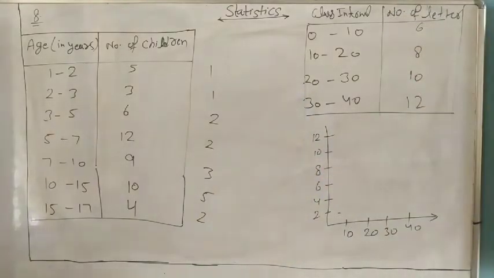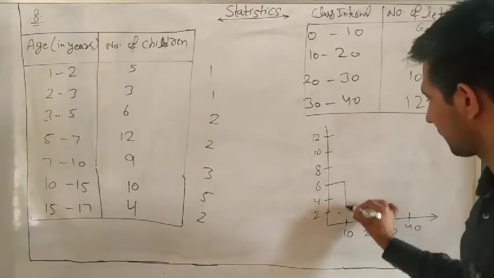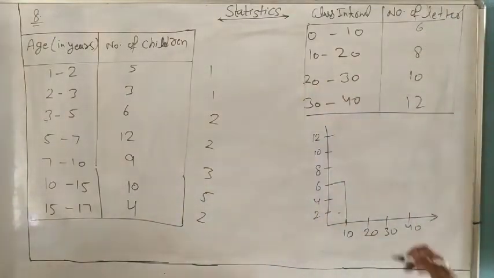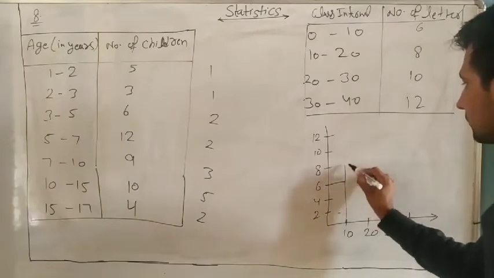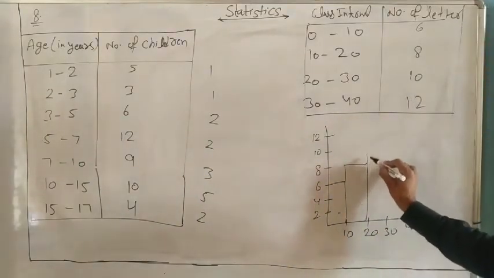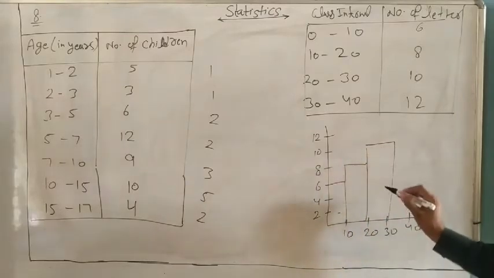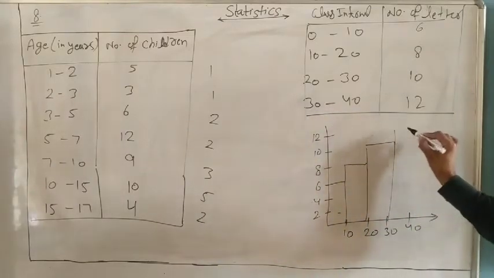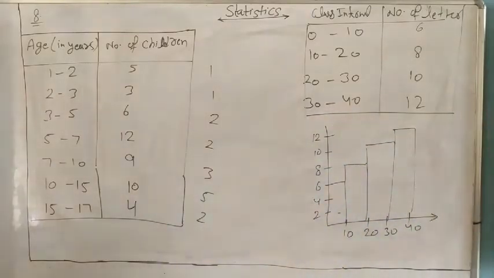Represent this data: 0 to 10, how many? 6. You can represent it easily. 10 to 20, 8. 20 to 30, 10. And now 30 to 40, 12. Like this we represent.